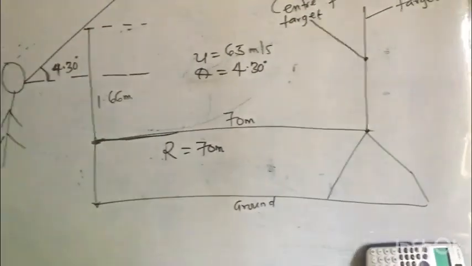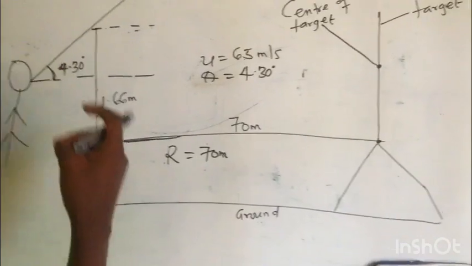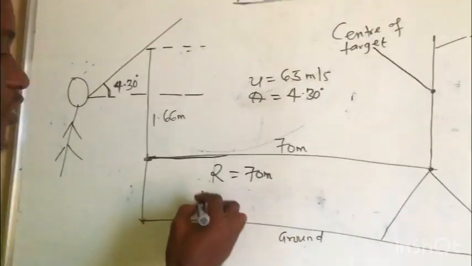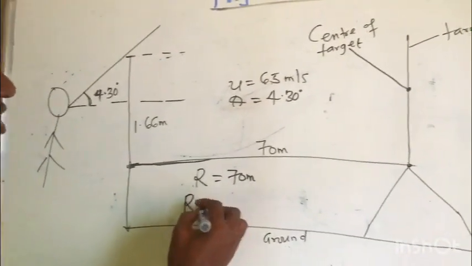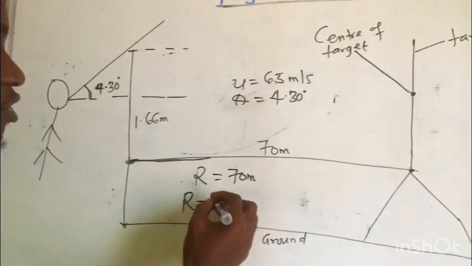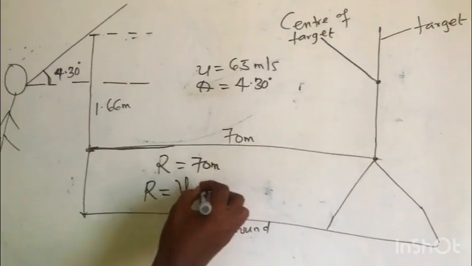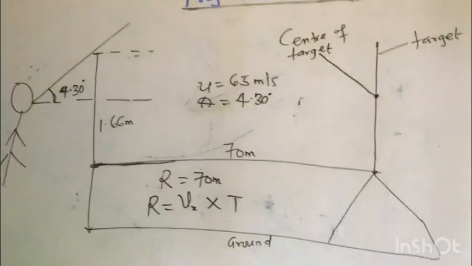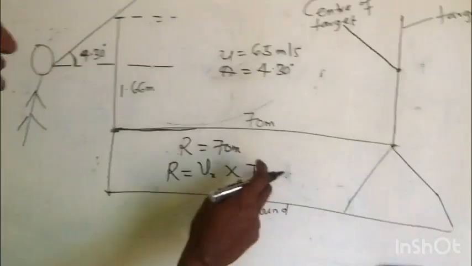In getting our time of flight from the horizontal distance, our horizontal distance is equal to the horizontal component of our velocity times the time of flight, t. Since the velocity is projected at an angle, let's resolve that.